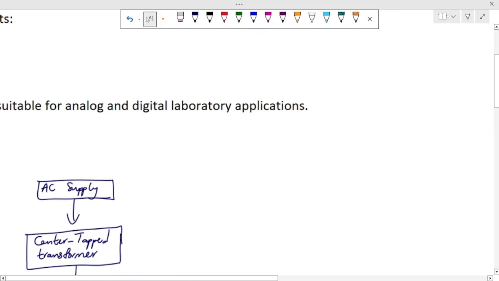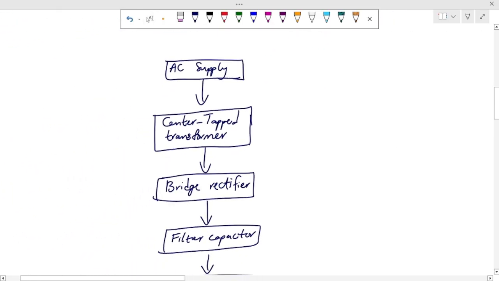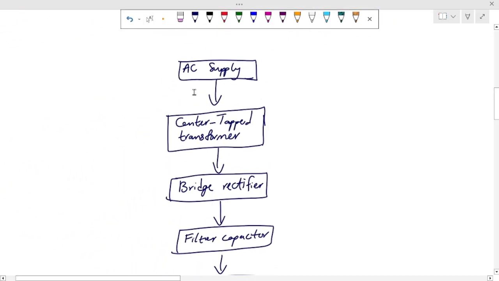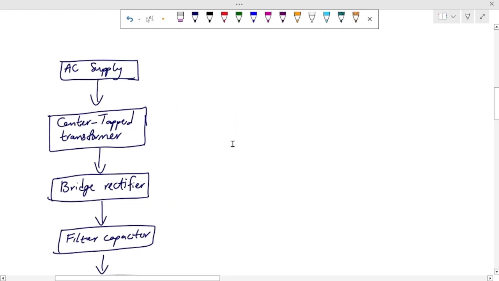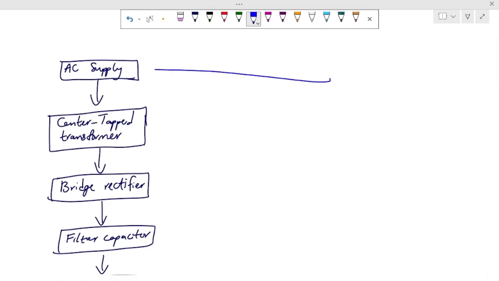Let's look at the block diagram of our design. So AC supply will come in. That's one. Yes, we agree. When that AC supply comes in, we are going to pass it through a center-tapped transformer. When we say center tap, guys, bear in mind that the AC supply that comes in is not positive or negative.